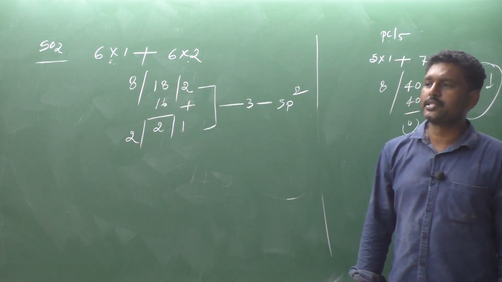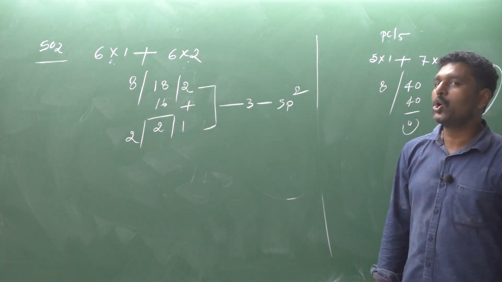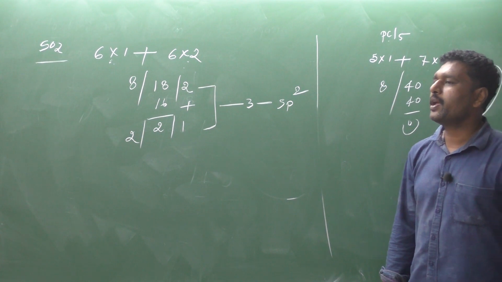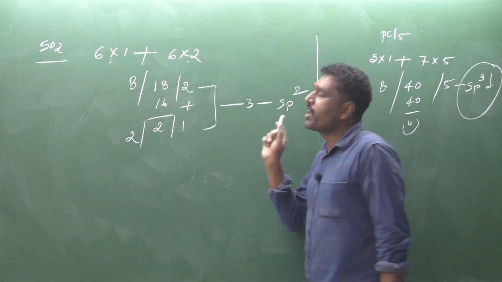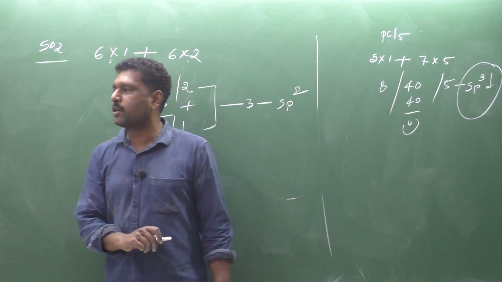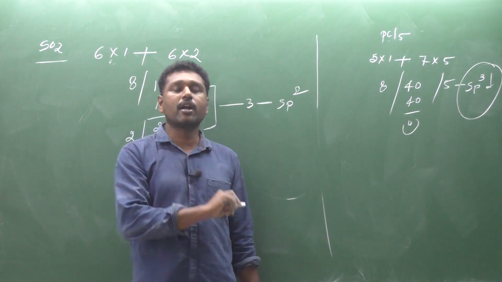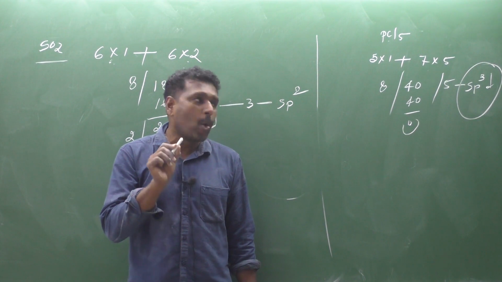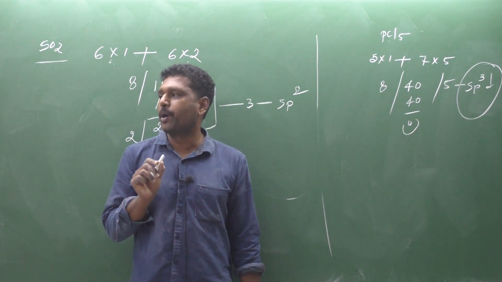So in sulfur dioxide, sulfur undergoes sp2 hybridization. This is a very simple technique to calculate hybridization of inorganic molecules. This method is applicable only for inorganic molecules.